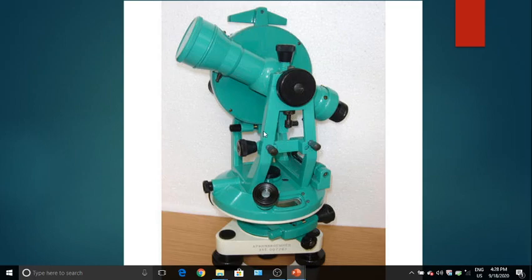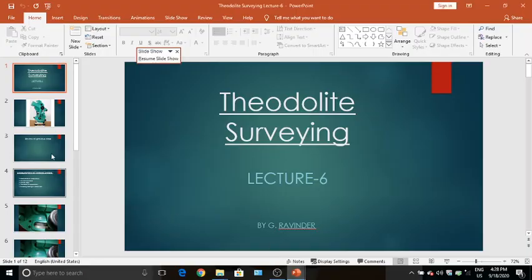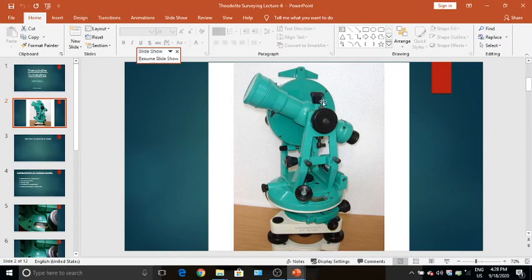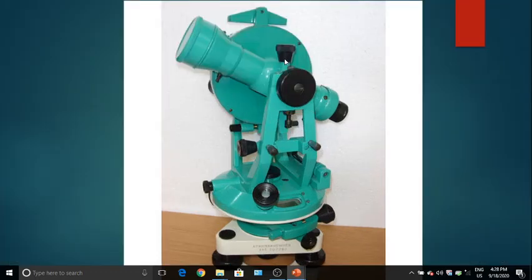So this is the vertical clamp screw and the corresponding vertical tangent screw. When you fix this vertical clamp screw, the telescope cannot be rotated in the vertical plane.